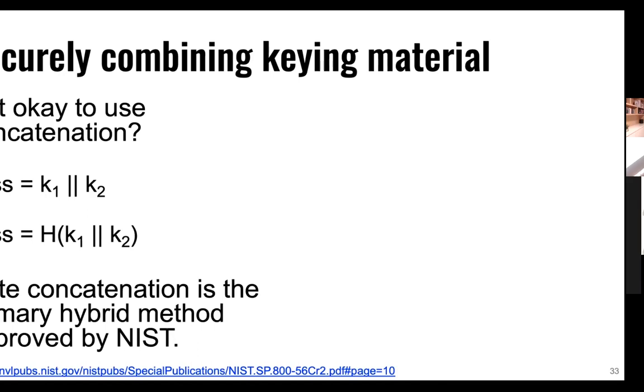So in SP 800-56C revision 2, NIST officially says that if you have an approved method like ECDH and a non-approved method like a post-quantum algorithm, it is acceptable to construct a hybrid shared secret simply by concatenating the two values. And so if we take this approach, we maintain the FIPS compliance of an implementation that uses ECDH along with something else.